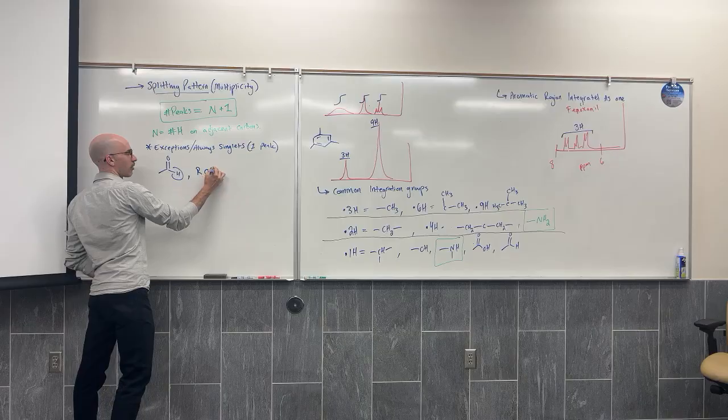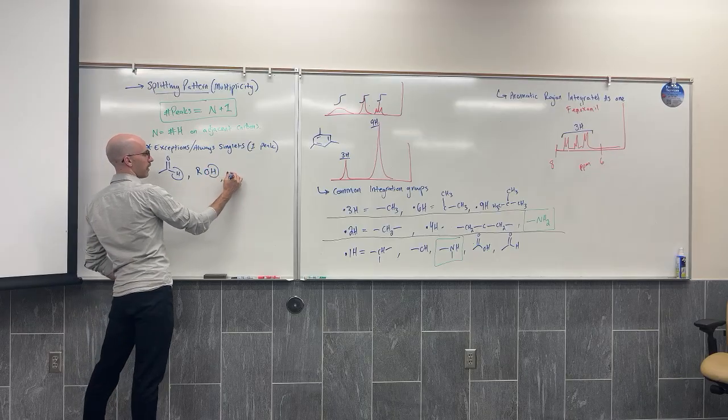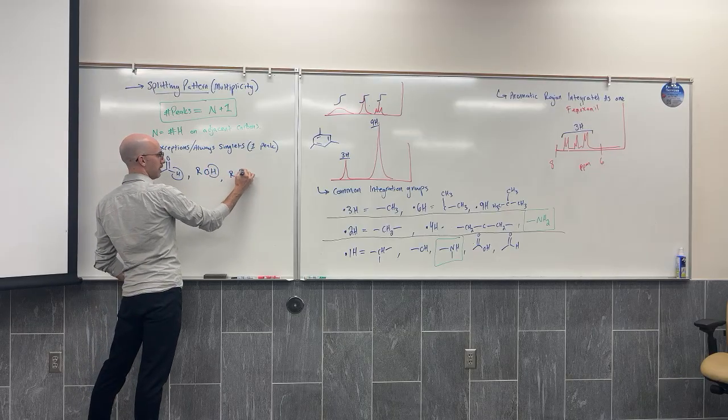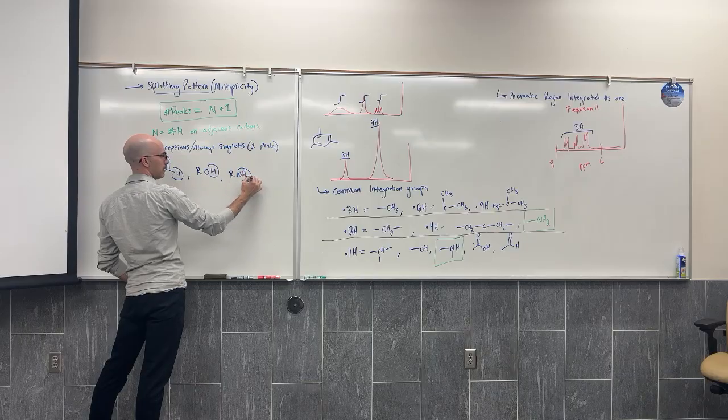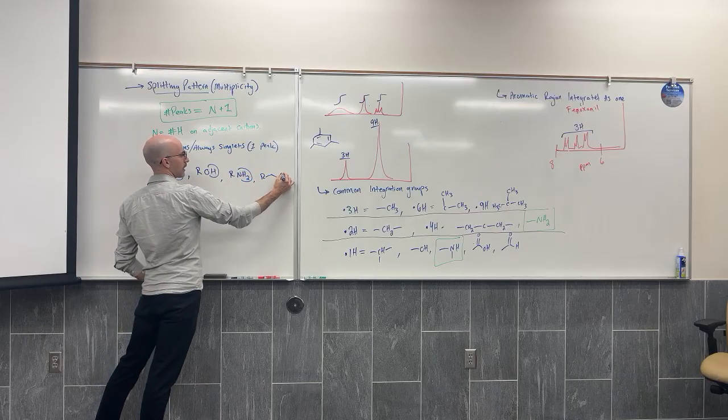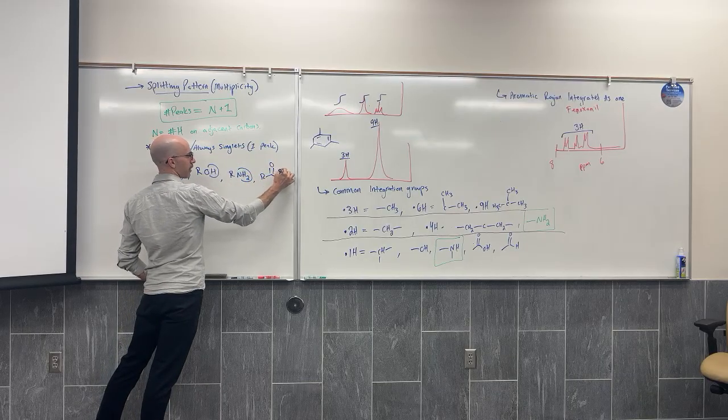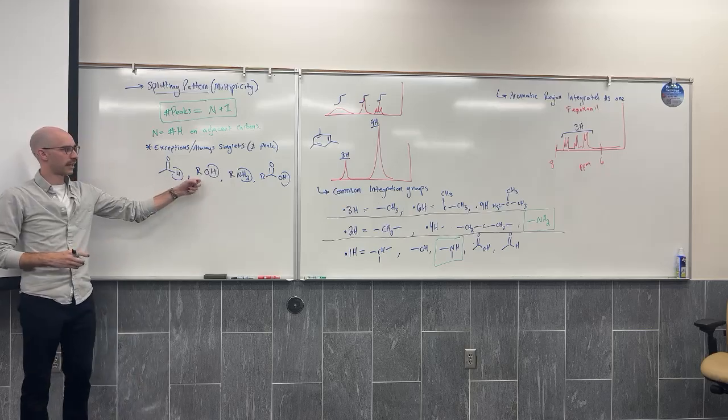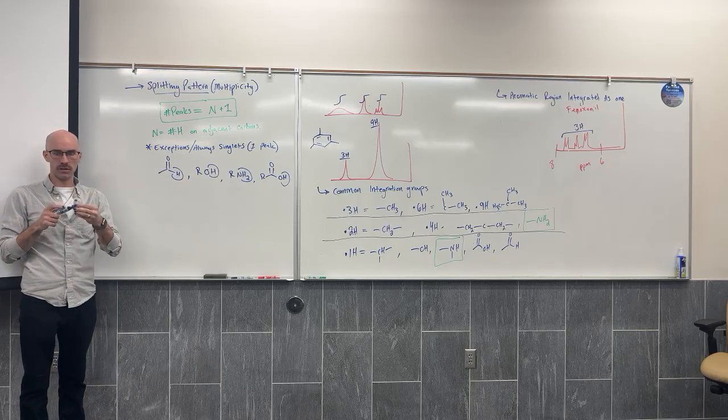The hydrogen of an alcohol, the hydrogen of an amide, an amine, the hydrogen of a carboxylic acid, which you can think of as essentially the same as the hydrogen of an alcohol.